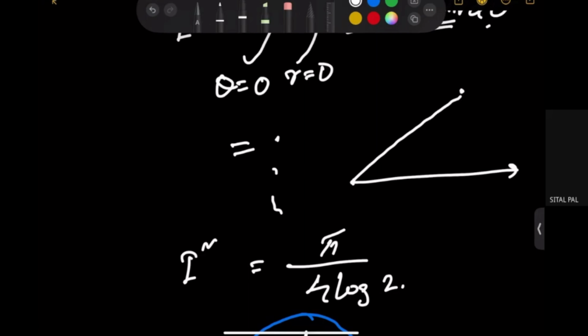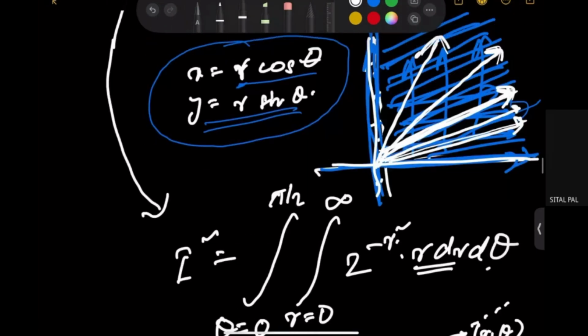This is any point represented by r comma theta. This distance is r, this is the theta, right? So there is no limit on the value of r that it can assume, because there were no upper bounds on the values of x and y. So r can go from 0 up to infinity, right?